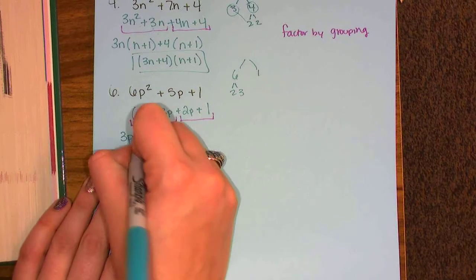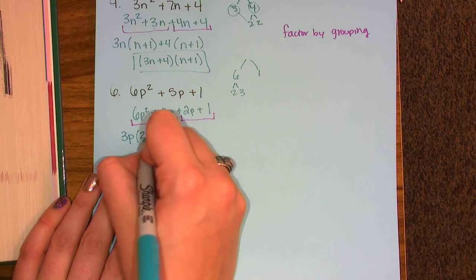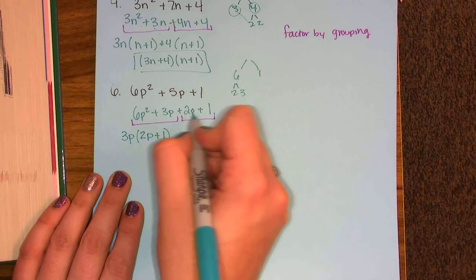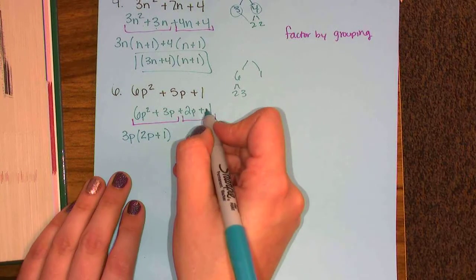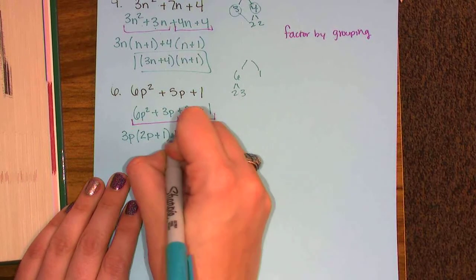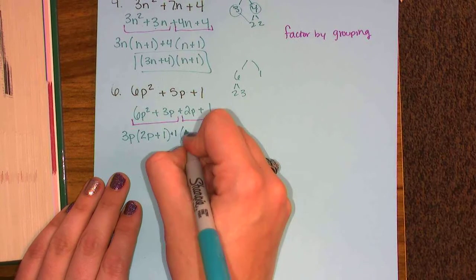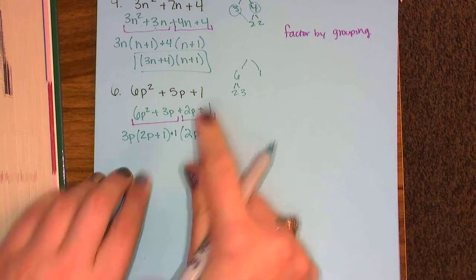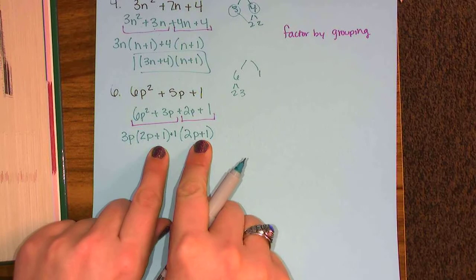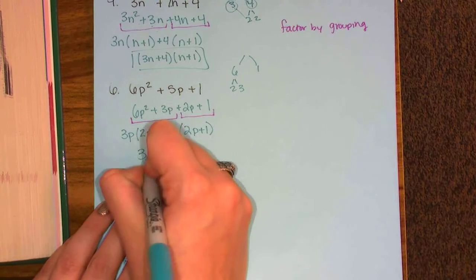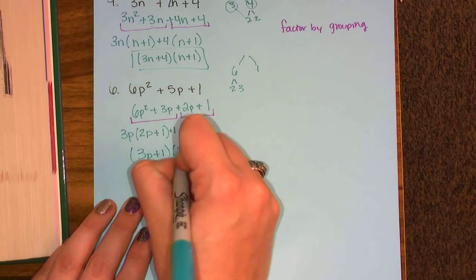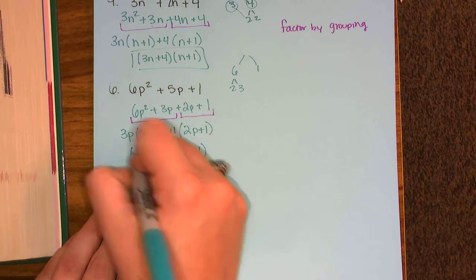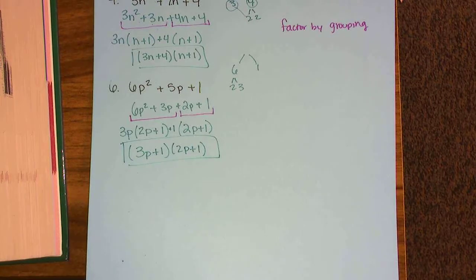So 3p times, that's going to leave me with 2p plus 1. Here I can't, technically speaking, pull anything out, so I'm just going to pull out a 1, and this is going to be 2p plus 1. Again, these have to match, so 3p plus 1 times 2p plus 1 is the answer.